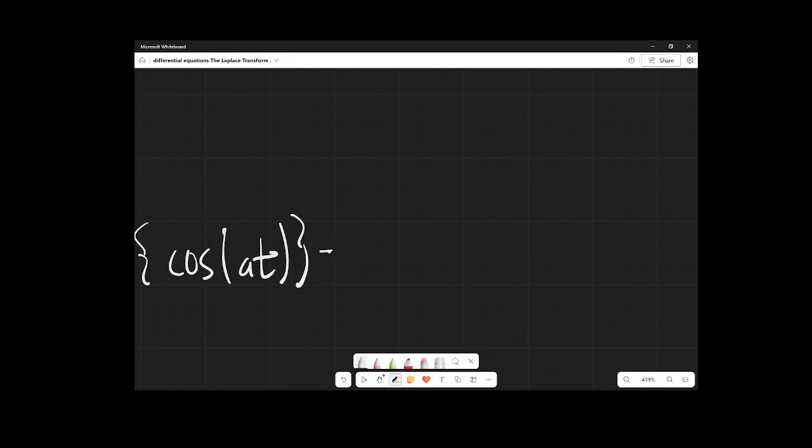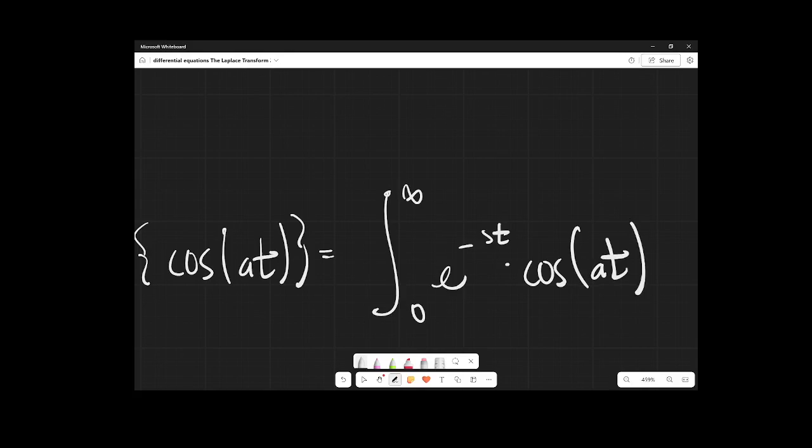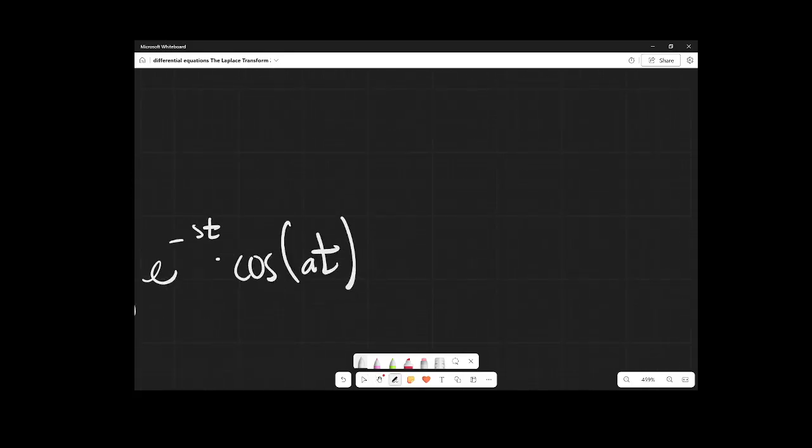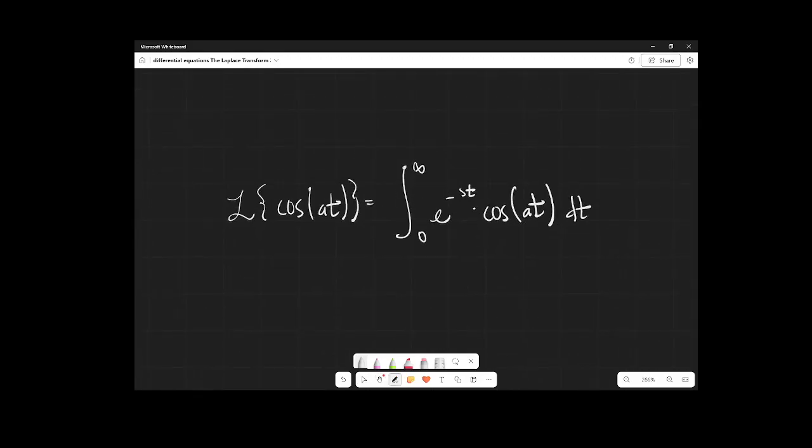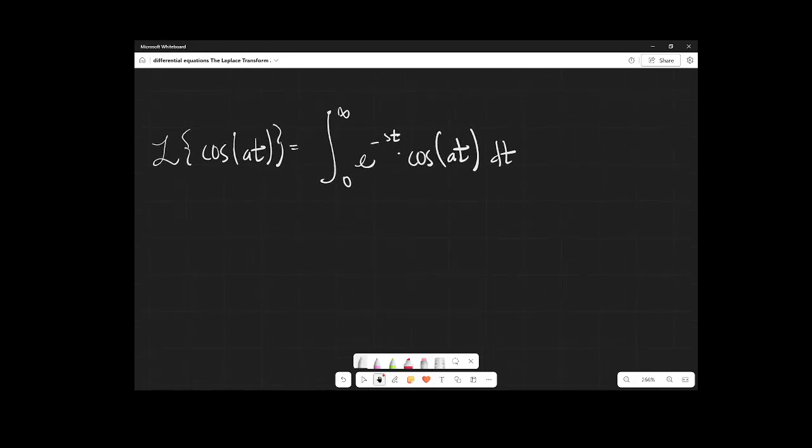All right, well, same situation. We just apply our integral here, and we're going to use the function cosine of a times t and integrate with respect to t from 0 to infinity. We're going to let this equal j. So this is j.